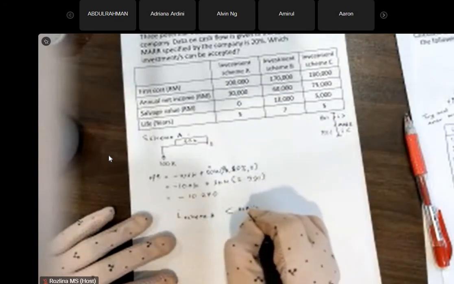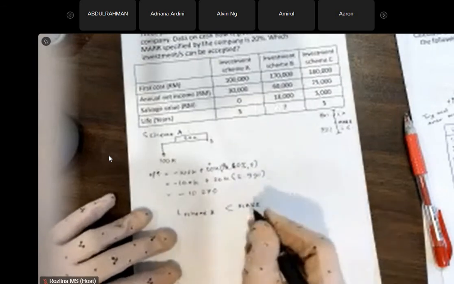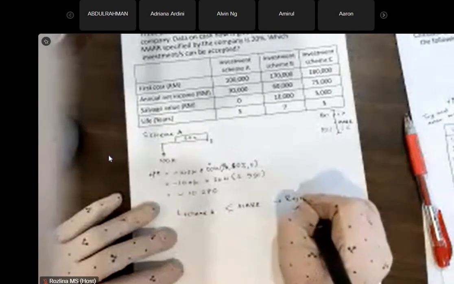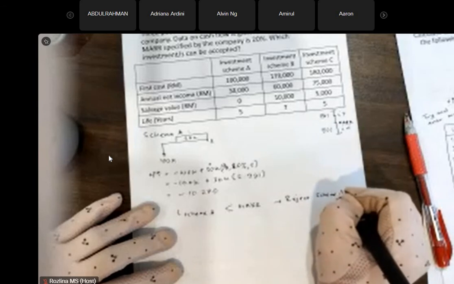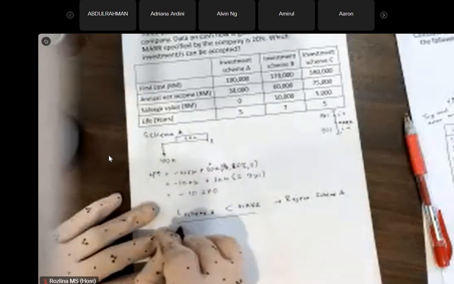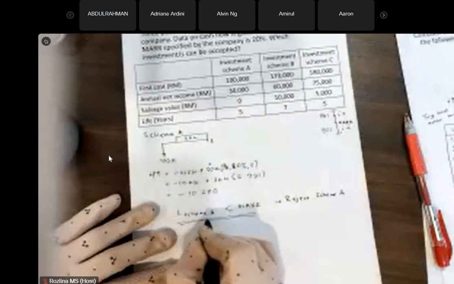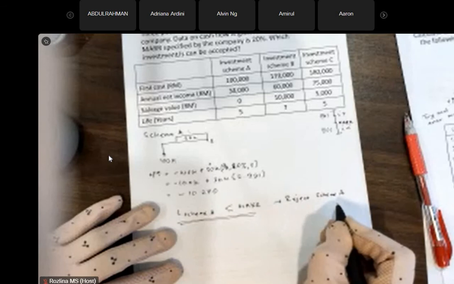Less than MARR, so you have to reject scheme A. You have to mention this one: I of scheme A is less than MARR, so you have to reject scheme A.